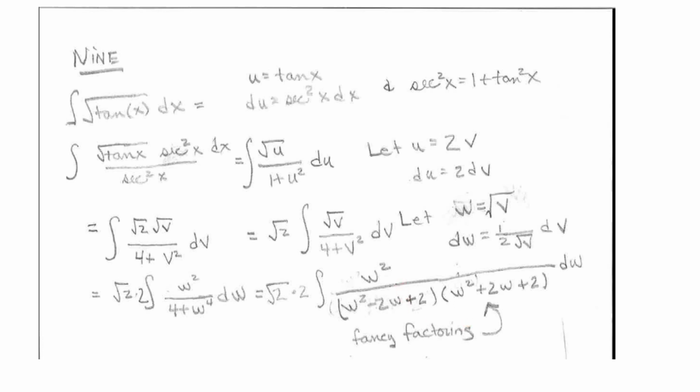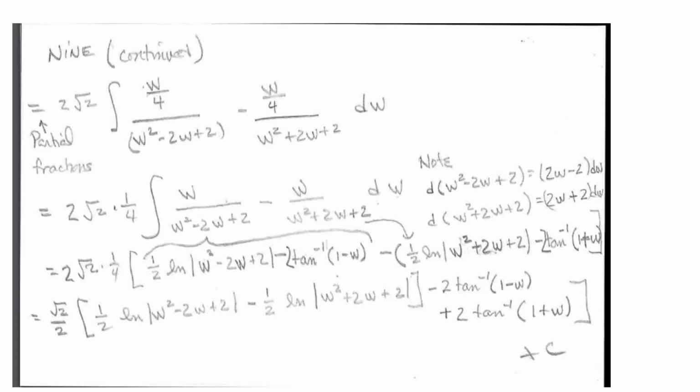So after we do the fancy factoring, we can do partial fractions and get this expression, and then we'll integrate this. And again, you should work through the details here, but this integral becomes this, and this integral becomes this, and we're taking the difference between the two.